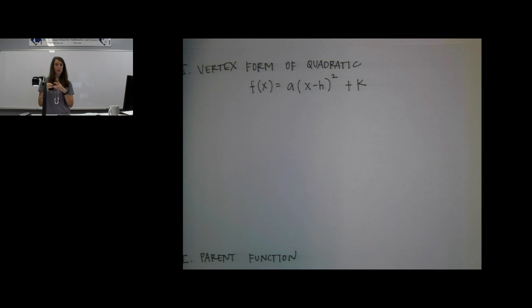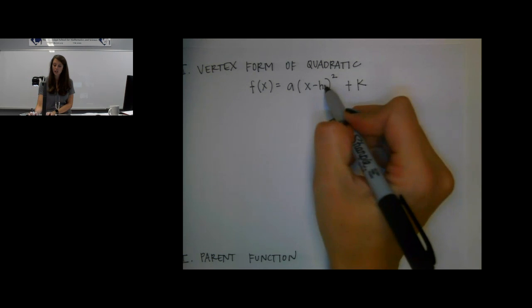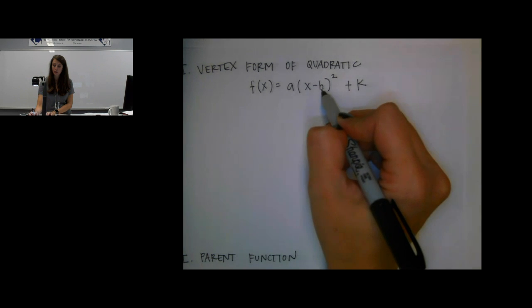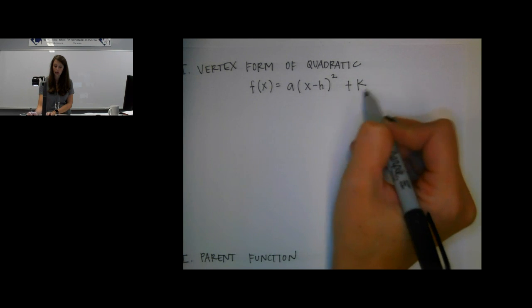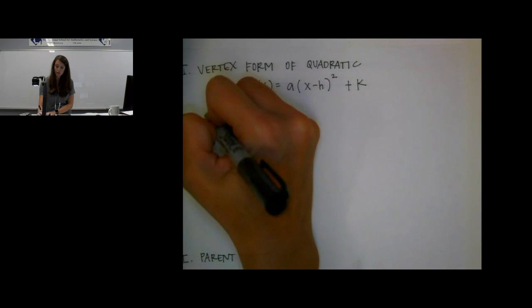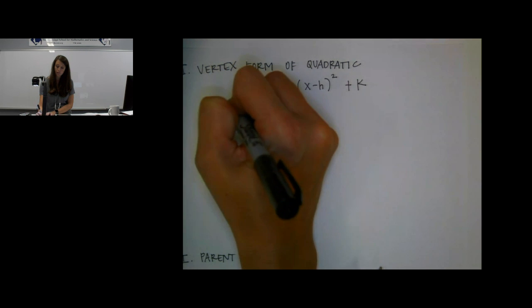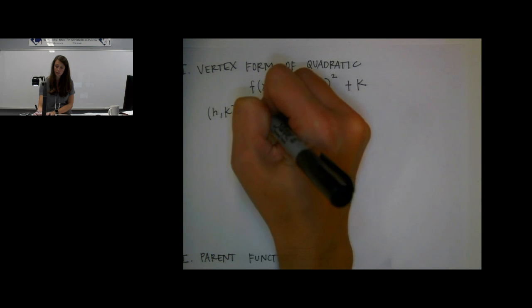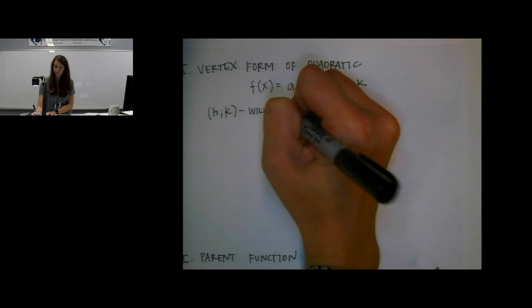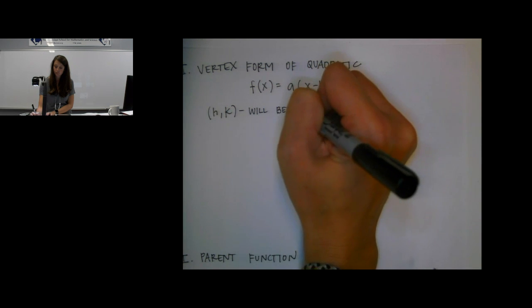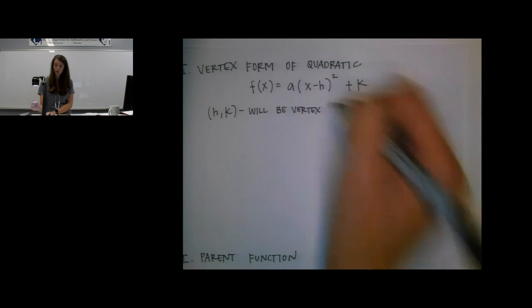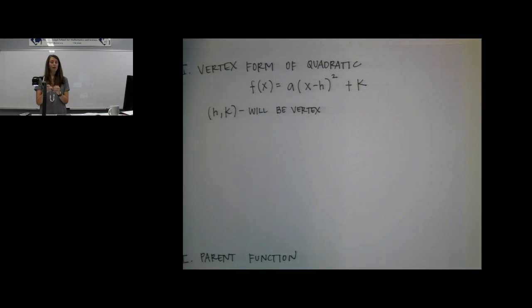Remember when we looked at the absolute value and looked at the shifts and everything? Well, the vertex is going to be the opposite of this, so it's going to be h comma k. So h comma k will be the vertex.